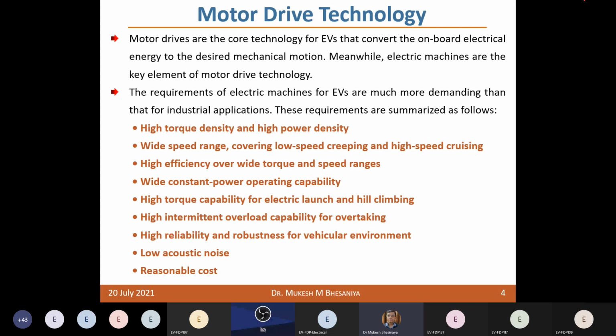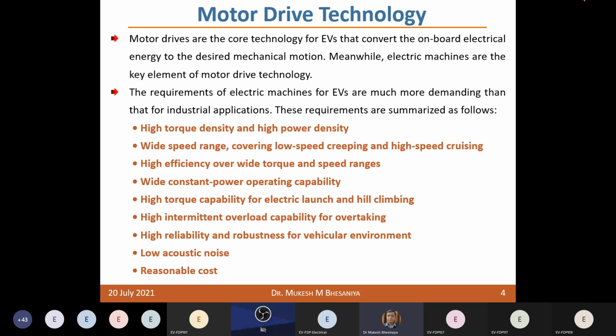One is the switched reluctance motor. Then you also find in the literature the stator permanent magnet motor drive, where the stator is a permanent magnet. There are also machines related to the magnetic geared motor drive; you will find some papers on it. Then the Vernier permanent magnet motor drive.